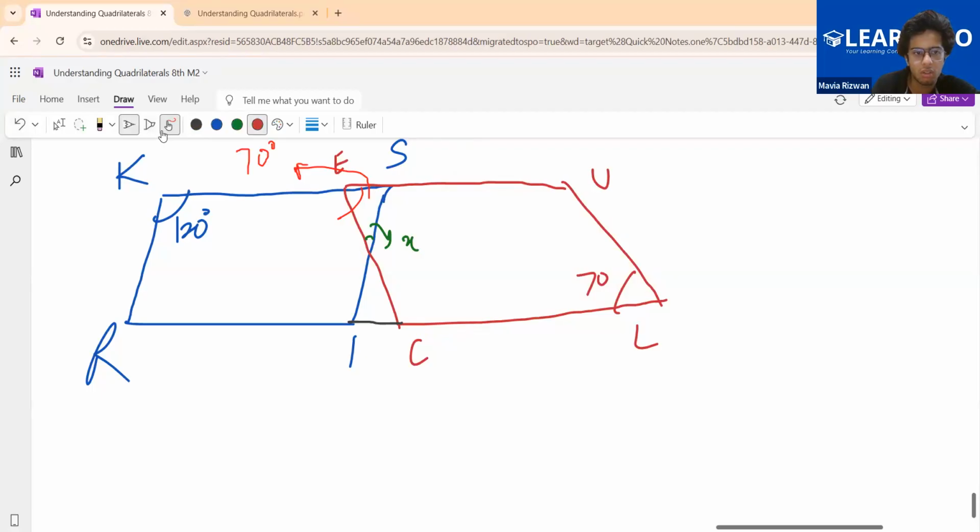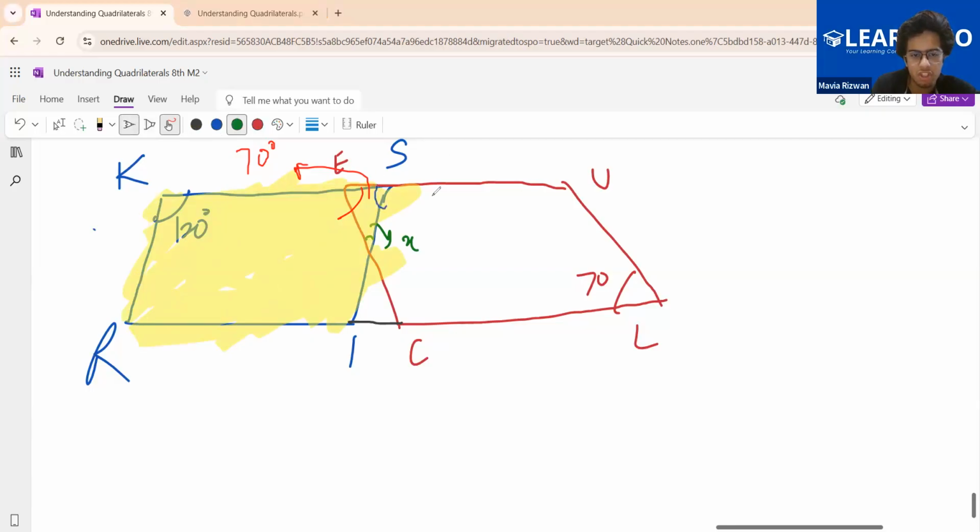Okay. Now focus on this parallelogram. In this parallelogram, we will find this angle. Mark it in a different color, let's say blue. I'll find out this angle.